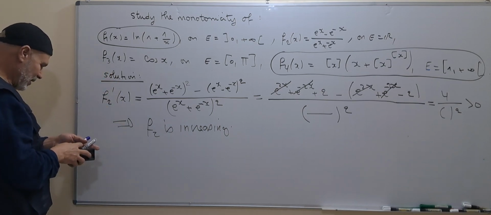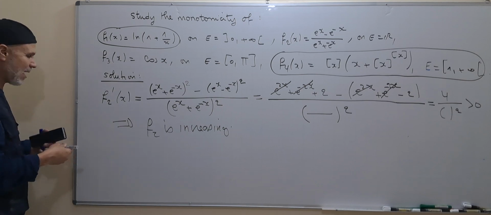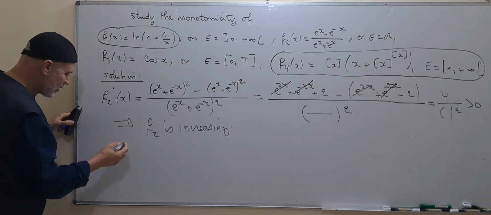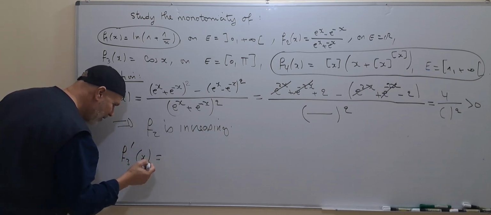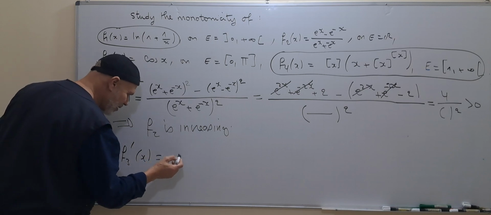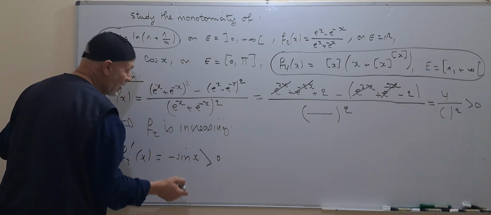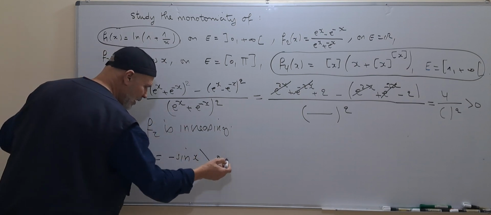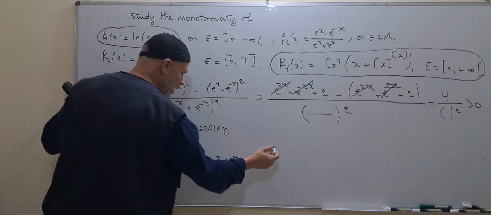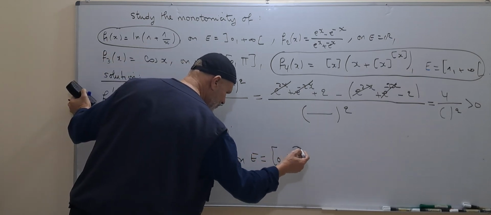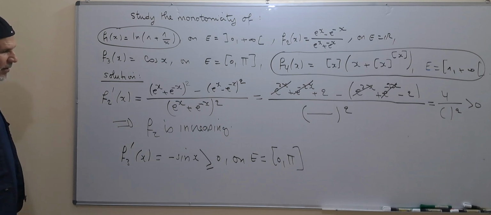How about cosine x? The same technique. It is smooth enough. So f3 prime of x is equal to minus sine x. Sine x is positive on 0 to pi, so times minus, it will be negative.